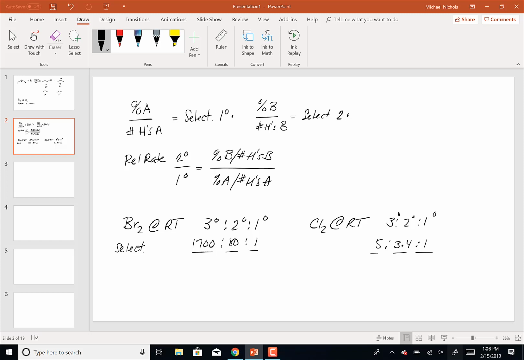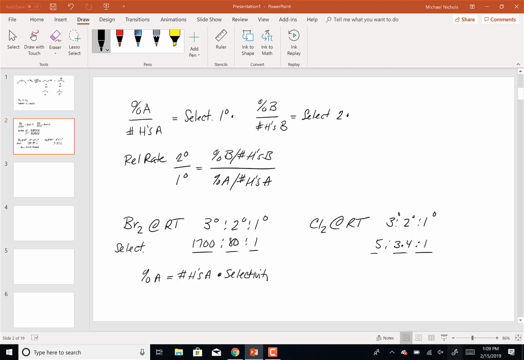Going back to the equation that has now the selectivities, that means that if I give you a reaction, and we're going to go back and do this propane reaction, the percentage of product A equals the number of hydrogens of product A times the selectivity, being 1, 80, 5, 3.4.